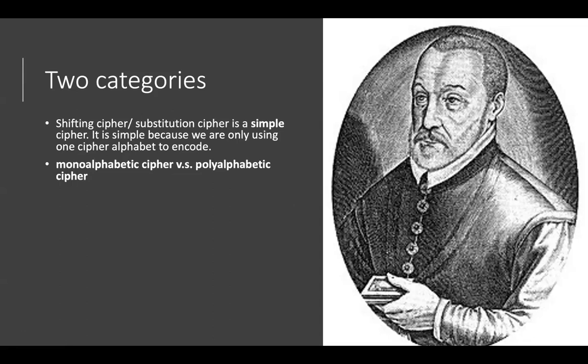Well, it's actually using 2 cipher alphabets to encode the plain text, or 2 or more actually. So you will have different shifting things that you will use in encoding the cipher. One example for that is the Vigenère cipher. It was not invented by the mathematician Vigenère on the right here.